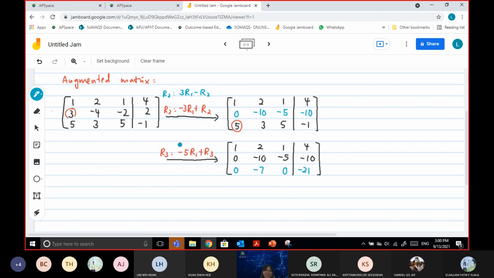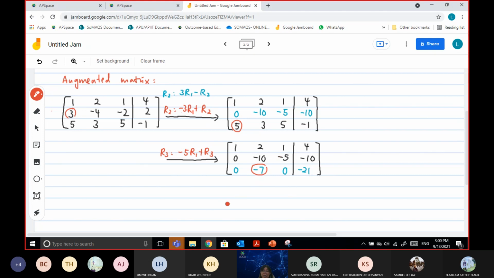Our normal step is to proceed until this one becomes a 0. But what happened for this equation is that we have zeros here, in the third row. The third row has 2 zeros, and the 2 zeros happen at the left, not at the right.